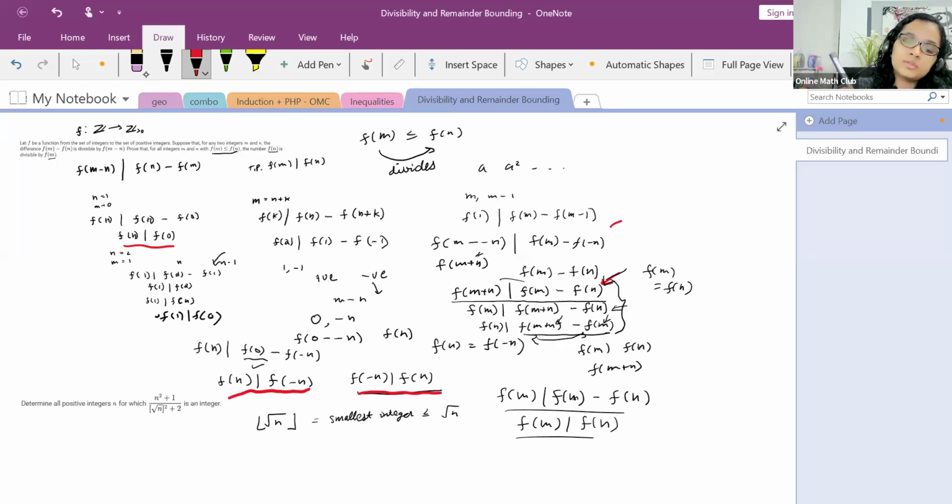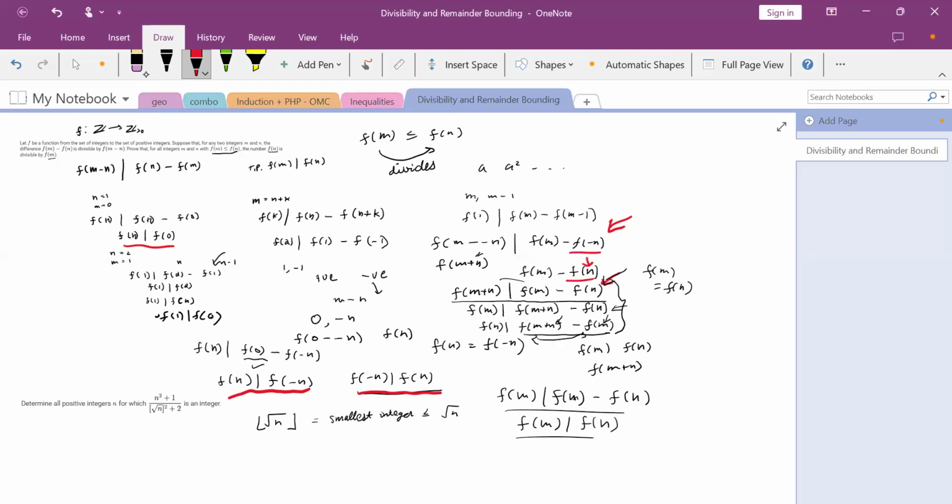And then we go here, and we get f of m plus n is equal to f of m minus f of n, because this thing just becomes f of n, since they're equal. And then we get these symmetric things. We can also get f of m divides this by putting m plus n and n.